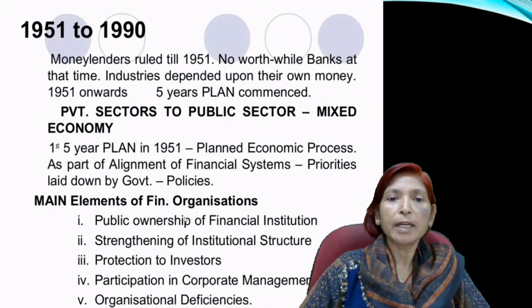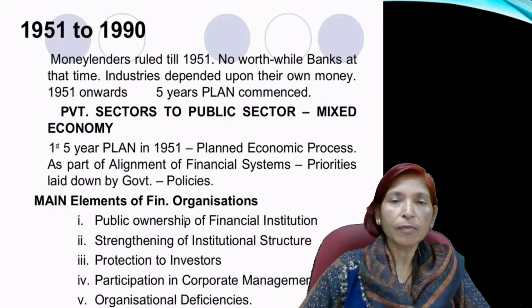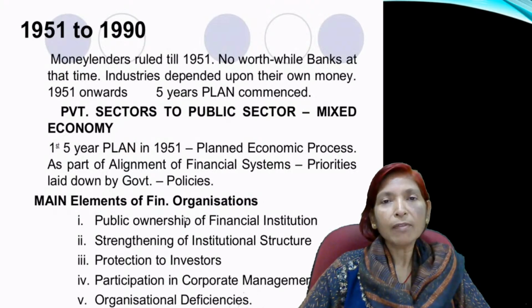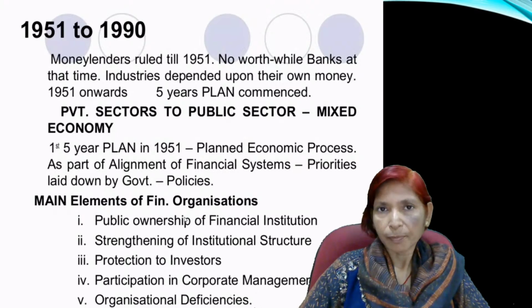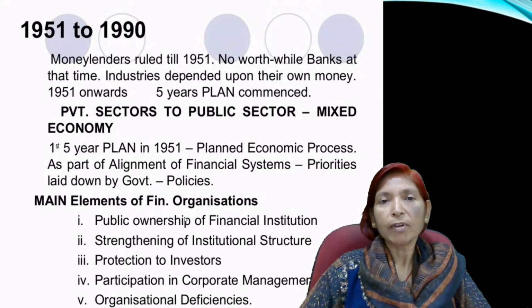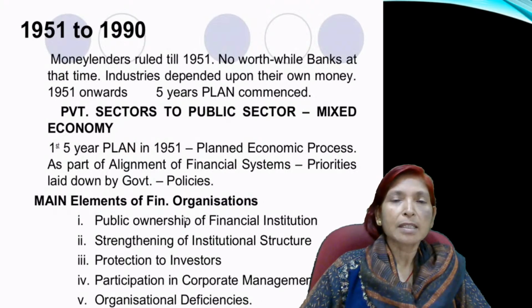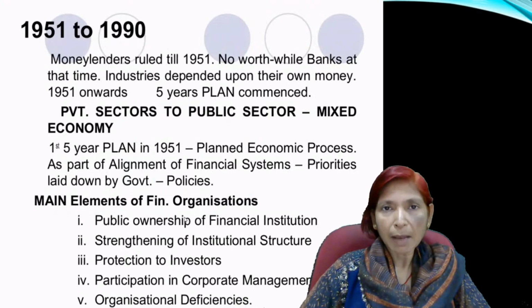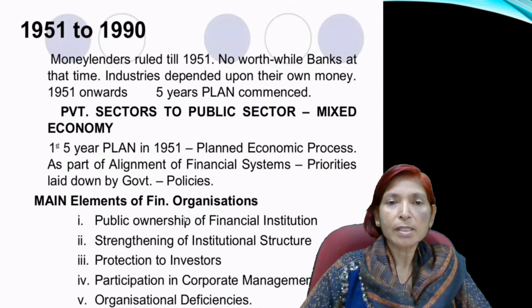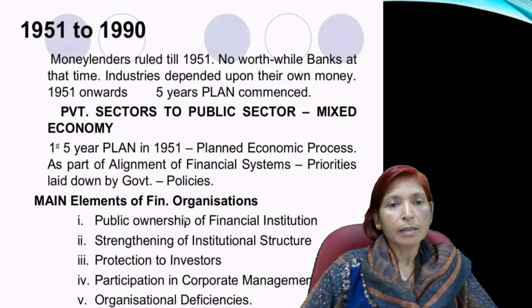Industries mainly depended upon their own money. From 1951 onwards, five-year plans commenced. These five-year plans ran from 1951 to 1956, 56 to 61, 61 to 66, and then 66 to 69 there is a gap. Then again five-year plans continued.